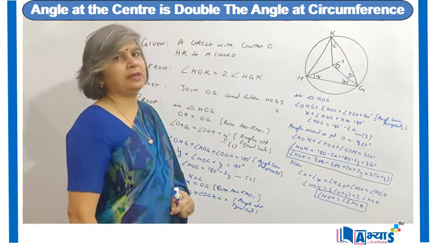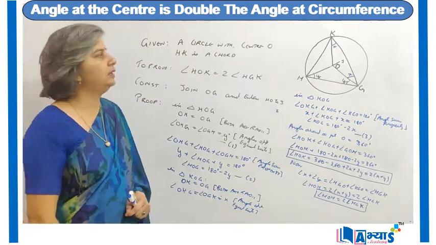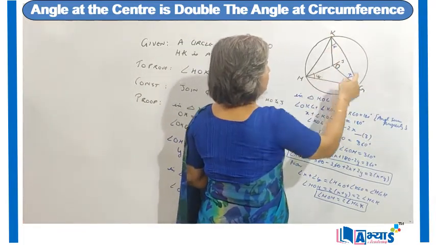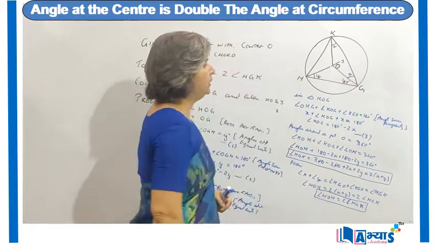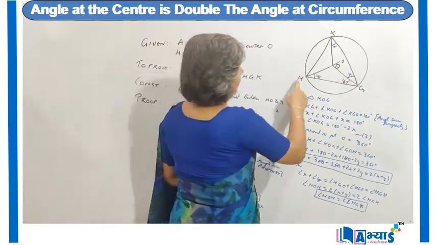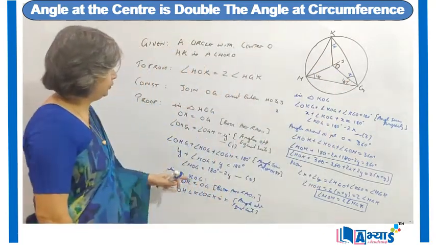Now we know that the sum of the angles around the center of the circle is equal to 360 degrees. So angle HOK plus angle GOK plus angle GOH is equal to 360 degrees. Now we are substituting the values of HOG and KOG from equations 2 and 3.